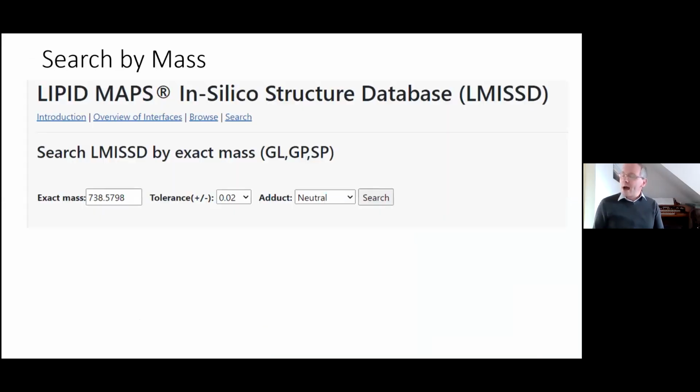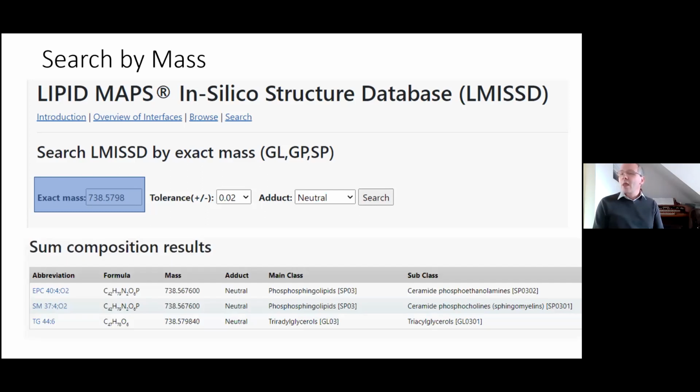And if you search by mass, I've done this with the neutral adduct just for simplicity. Type in your mass and you'll get the results here. So it says things that fit that mass are triacylglycerol, 44 carbons, sphingomyelins, 37 carbons, and ceramide ethanolamine, I'd forgotten what that abbreviation was, ceramide ethanolamine with 40 carbons, 4 double bonds.